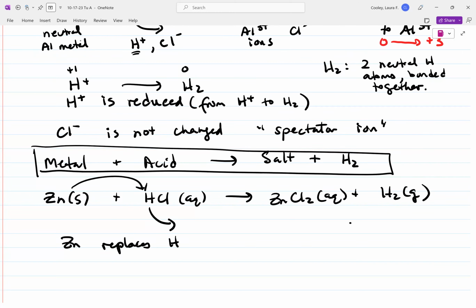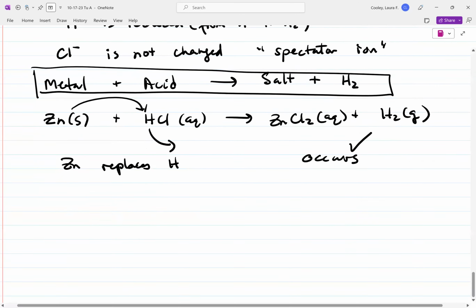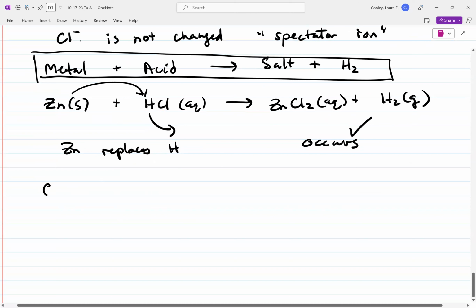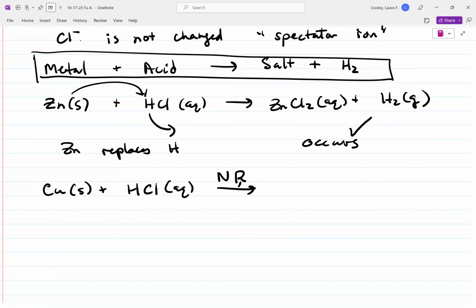Okay, so this one does happen. But this reaction does not. So copper does not replace the hydrogen in HCl.